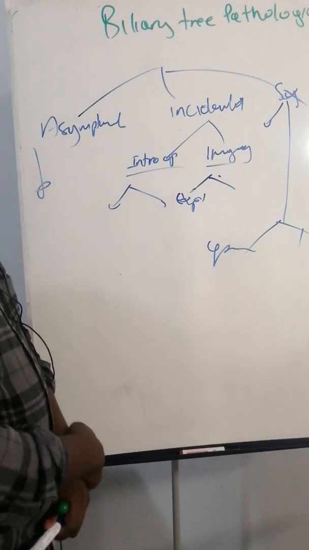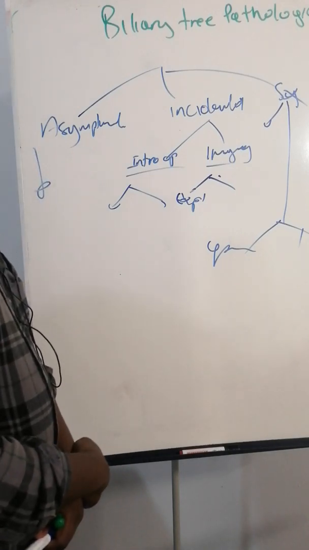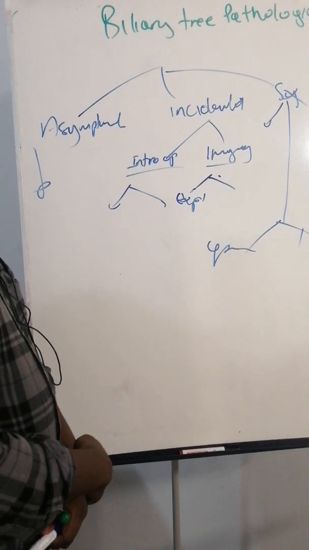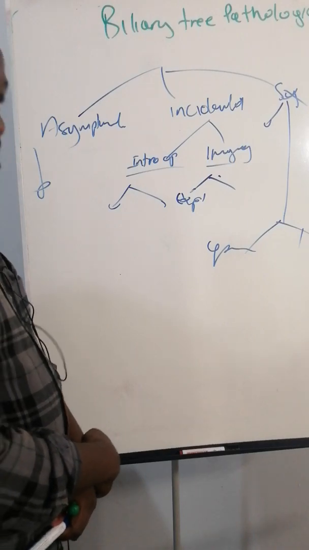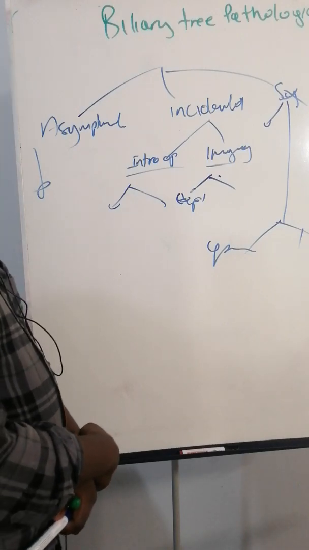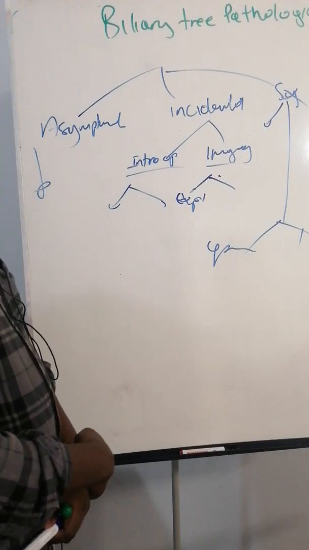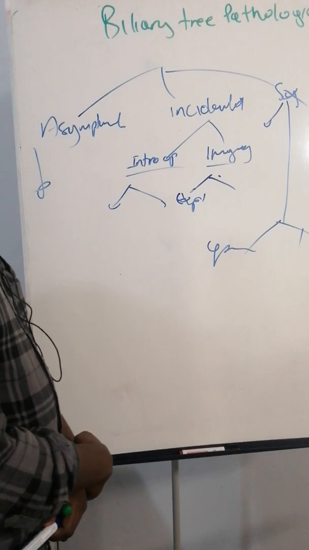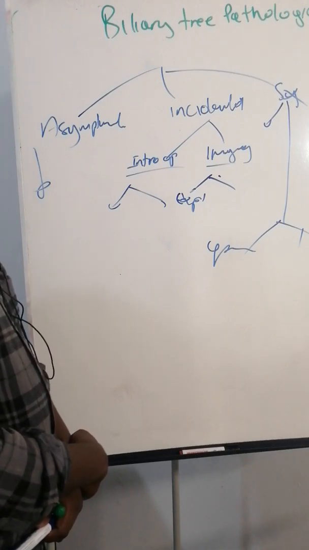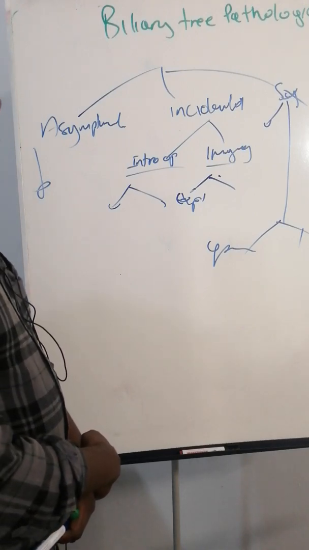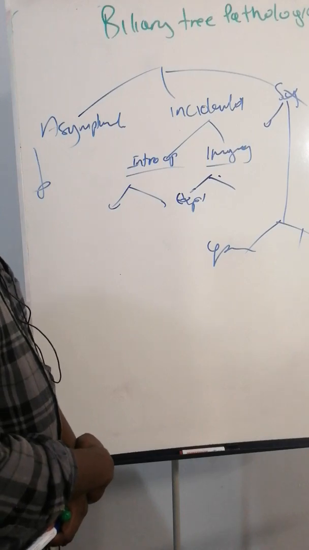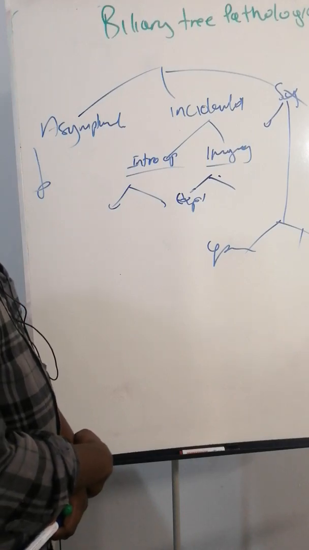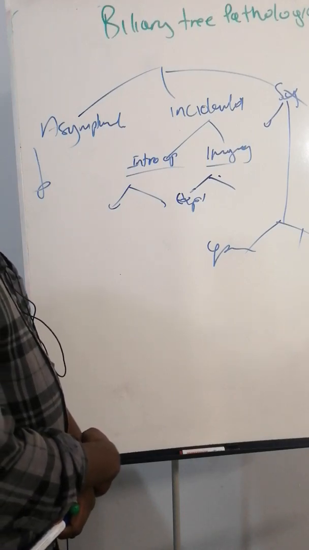So the body will sense that, okay, now I need to absorb fats. Then it's going to start to try and eject bile out of the gallbladder, so that the absorption of fats can take place. So a patient will complain of that, okay, this pain is there, but it's worse after eating. So that will be your biliary colic.